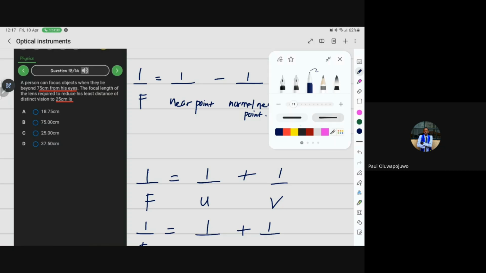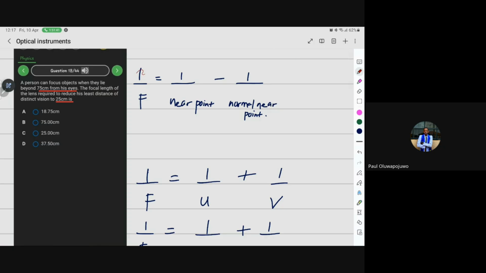Yes, sir. All right, because in the exam hall you have other things to battle with, right? So you won't be wrapping your head around these things. Use this, right? So use that you have 1 over the near point minus 1 over the normal near point. All right. So now just use that formula so that it solves this problem without us getting confused.